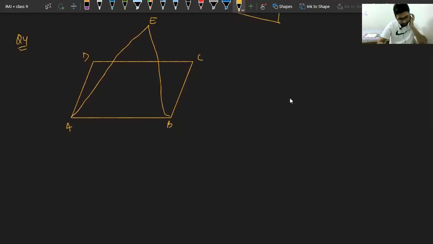Class, now see. A triangle and a parallelogram have the same base and the same area. So given to you, area of triangle ABE is equal to area of ABCD, that is the parallelogram.